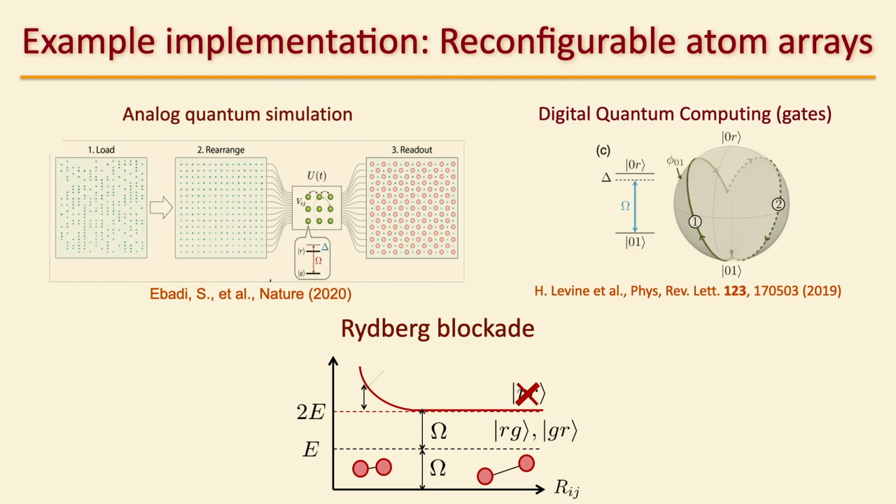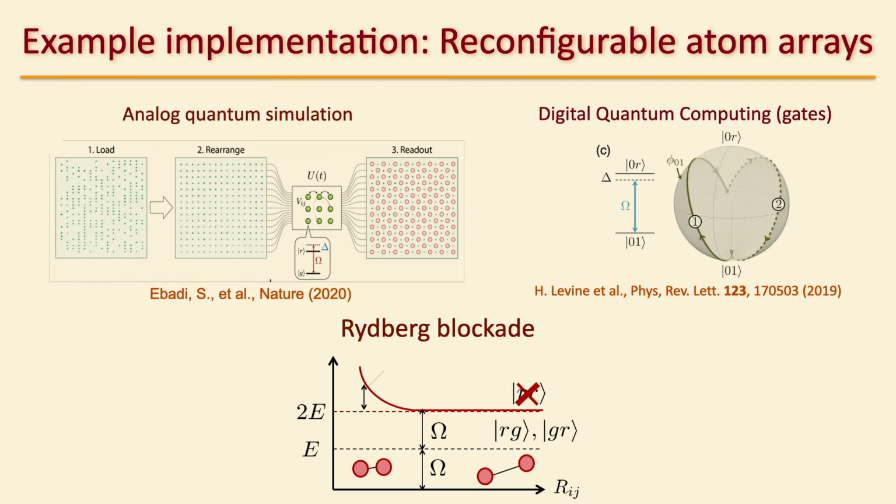So that means if you have 2 atoms, which are either in the ground or in the Rydberg state, if you send one resonant photon in, you get some superposition of Rydberg-ground and ground-Rydberg. If you send a second photon in, then in principle, you get a double Rydberg state.